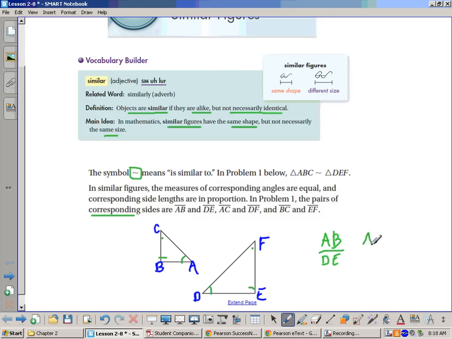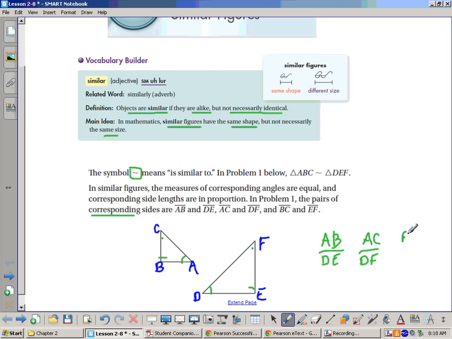AC, which will be the long side here, is corresponding to DF along the other side, so that can be put in a fraction as well. And then the last side, BC, is this upright one, and EF is the other corresponding side.